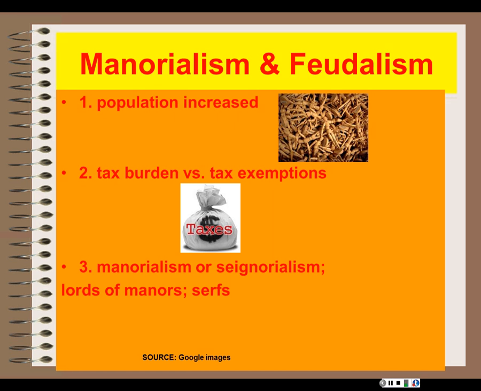And since the larger landowners generally didn't pay taxes, that meant that all of these small farmers who had paid taxes were giving up their land, or their land was being taken over. They were now working as tenant farmers for large landowners who didn't pay taxes. These large landowners were literally lords of their own manors, and the peasants eventually would become serfs. They would become tied to that particular manor, that particular plantation, whatever you want to relate it to.